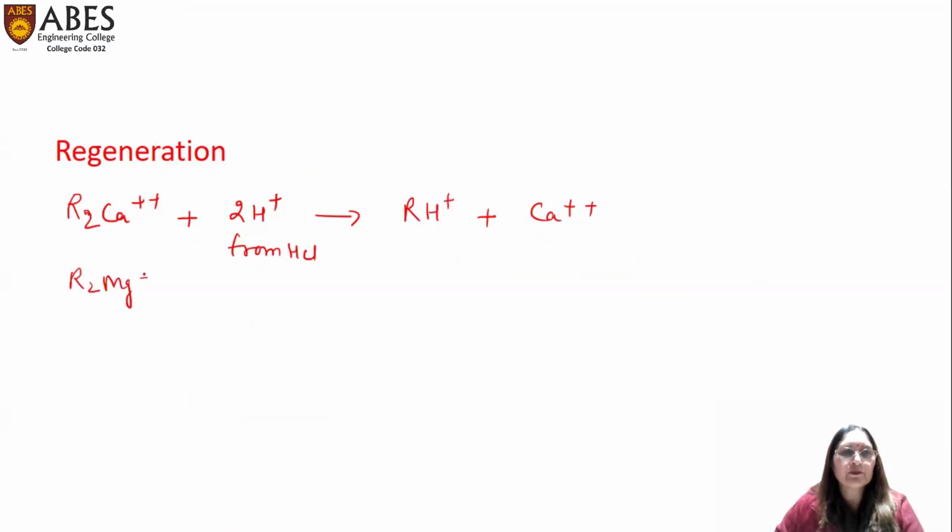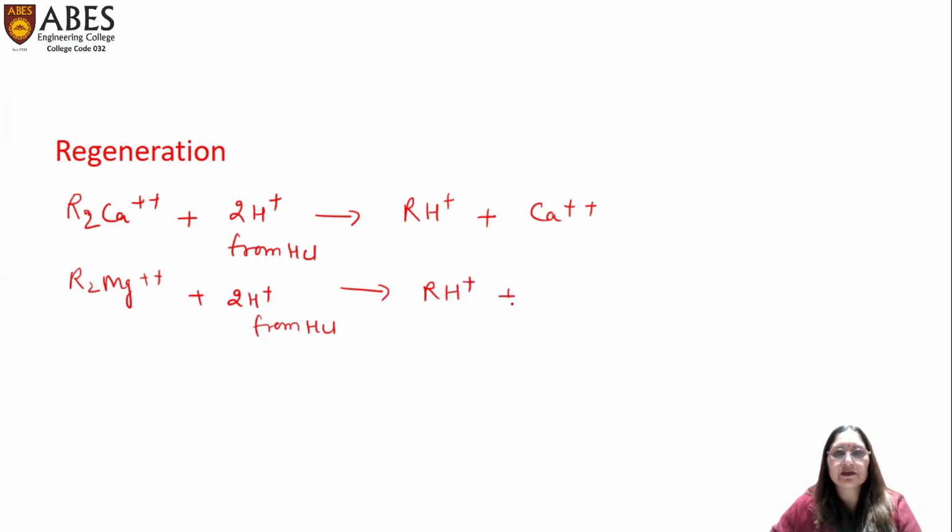R2Mg++ plus HCl regenerates the cation exchange resin and releases the magnesium ion. Calcium or magnesium can be used for washing.